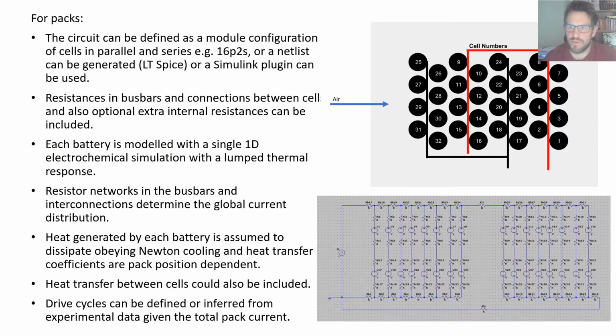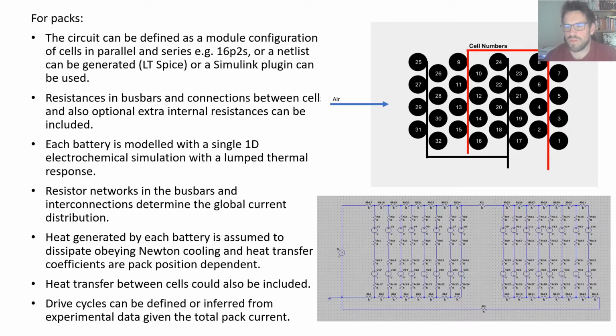And we can also use this framework to basically investigate current and thermal problems in packs, and that's what we've done here. So we actually built a rig, and we had 32 21700 cells in a 16P2S configuration. We had busbars that were in this kind of interdigitated design.